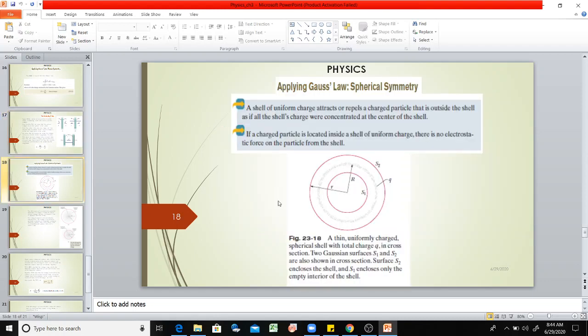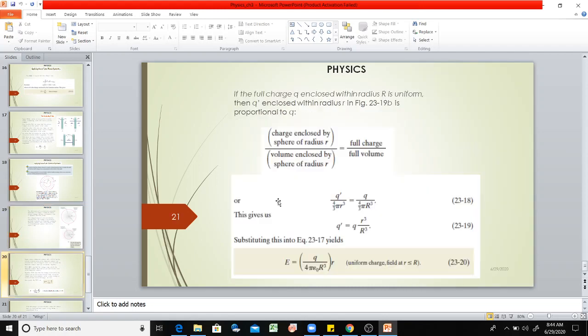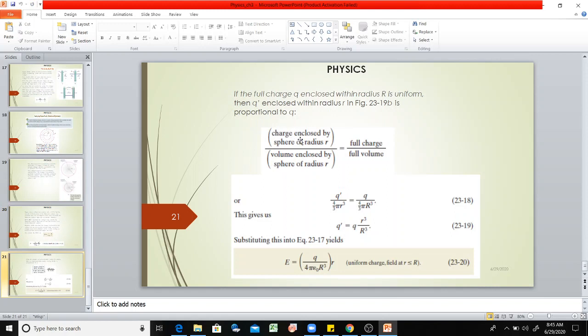And then we have different spheres, S1 and S2, where small r is the radius of the inner sphere, and capital R is the radius of the charge distribution. We consider these different geometries, and we find that the charge enclosed by a sphere of radius small r over the volume enclosed by that sphere is equal to the full charge over the full volume.